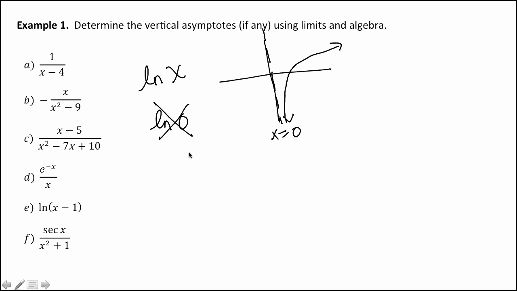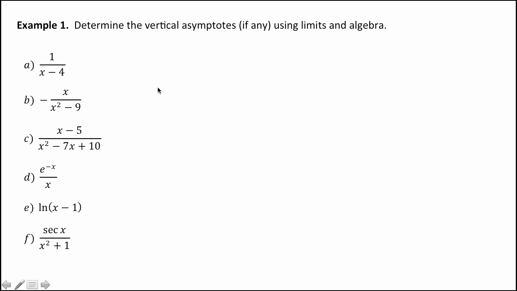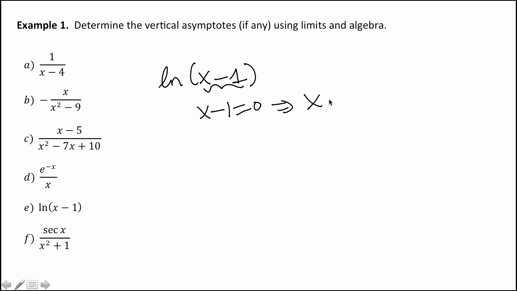So if you want to find the vertical asymptote of natural log of x minus 1, you simply set the argument equal to 0 and solve for x. In this case we have x equals 1, so we have a vertical asymptote at x equals 1. Now let's look at how to evaluate the one-sided limits for this case.